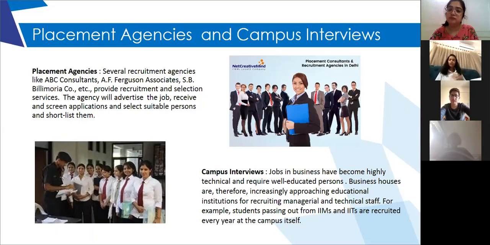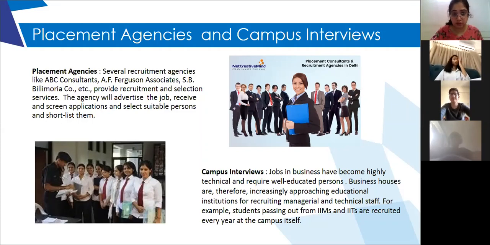Recruitment is the process of searching for prospective employees and stimulating them to apply for jobs in the organization. So in simple words, even if I don't look at the definition, I would say I would gather a pool of candidates who can apply for a prospective job. I'm not going to choose them. I'm not selecting them. I'm only gathering a pool of candidates.